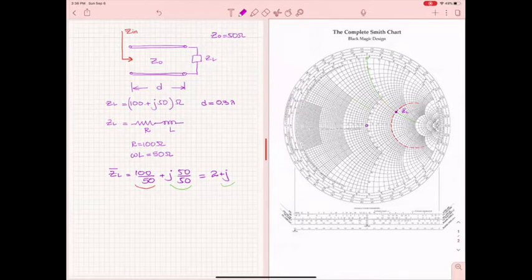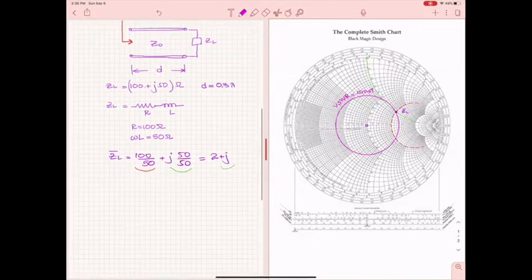Perfect. What is this circle? This circle is called the constant VSWR circle. This is equal to a constant.